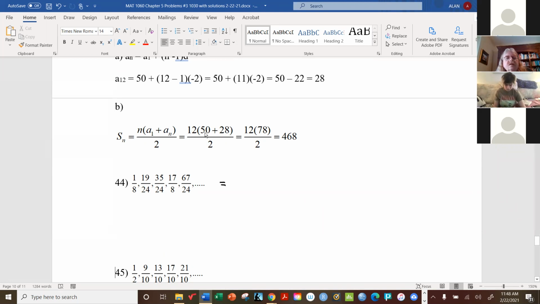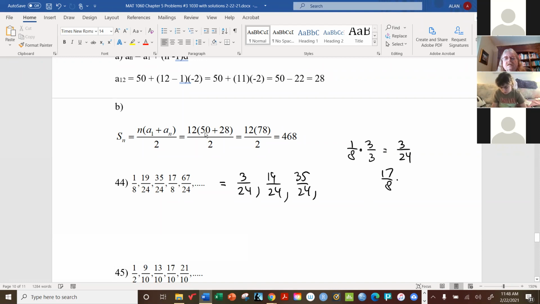Let's rewrite this one. Let's do this on the side here. Oh, that works. Then we have 19 over 24, 35 over 24. Now 17 eighths can be rewritten as 51 24ths.